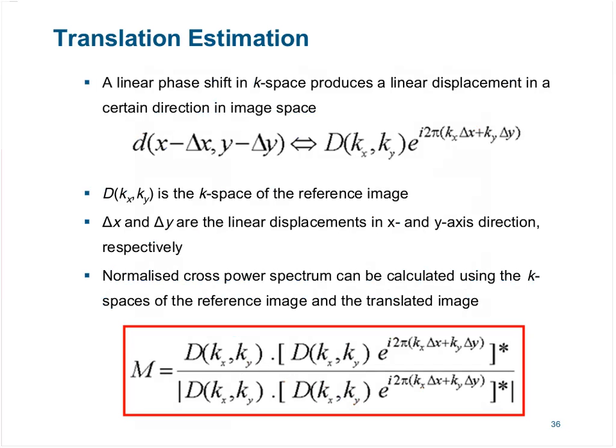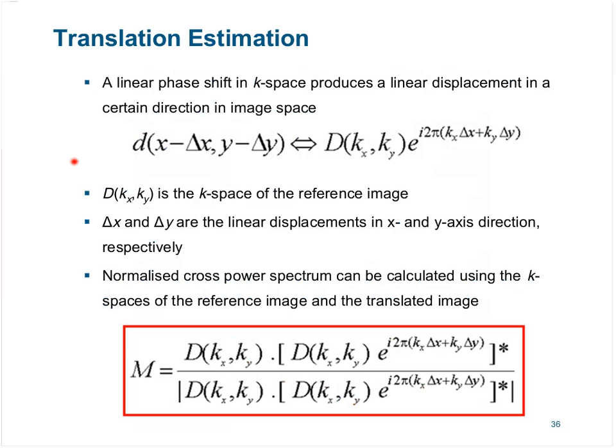And for the translation estimation, a linear phase shift in k-space produces a linear displacement in a certain direction in the image space. So if you see this equation, then you can see that if an image is moved either in the x direction or in the y direction, then it corresponds to a linear phase shift in k-space.